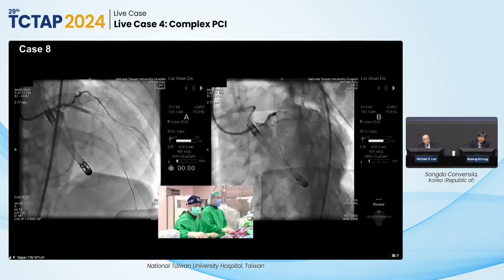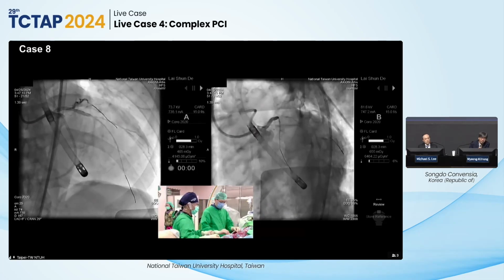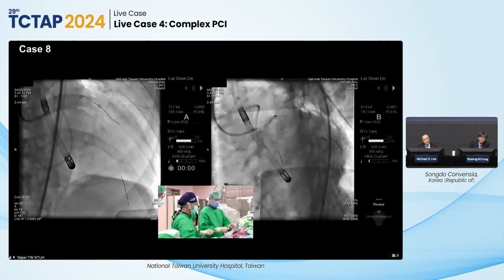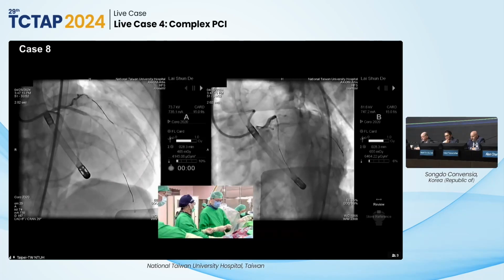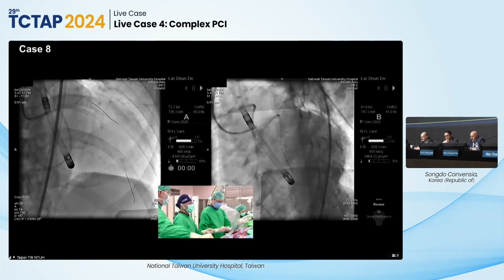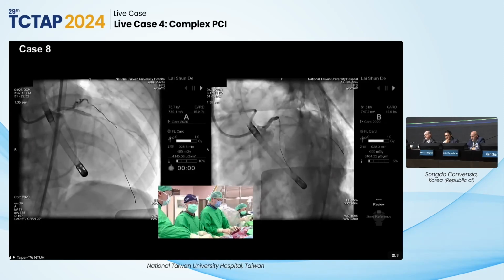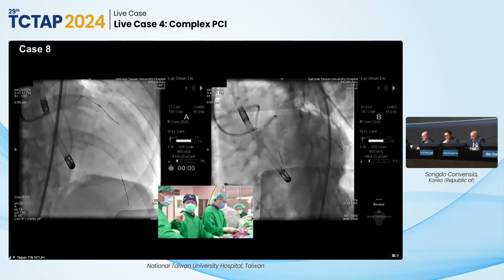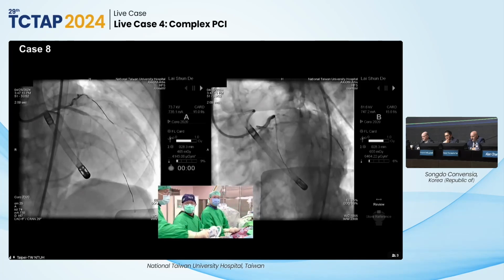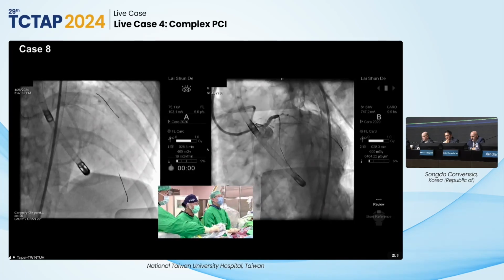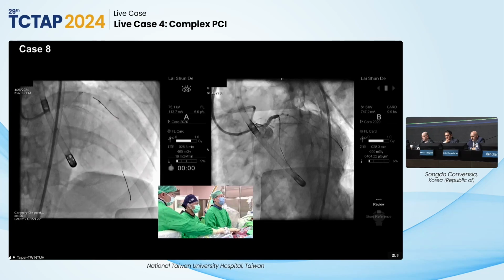Can you leave this IVAC device overnight, or do you have to remove it after the procedure? Because if you leave it overnight, there's a risk of migration or perforation. You can see from the movement of the catheter. Is it safe to leave it overnight?